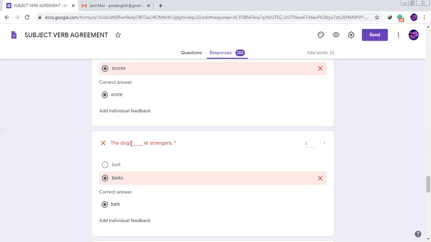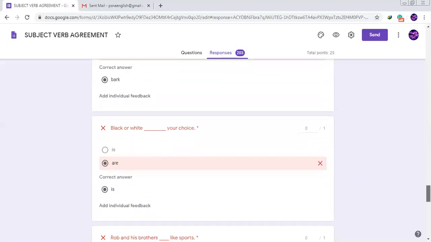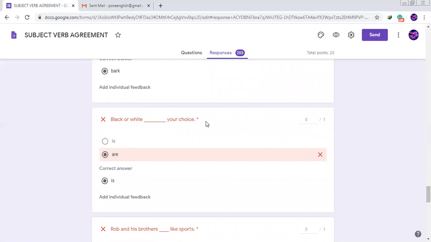When you don't have "s" in the subject, you will have "s" in the verb. Have you understood? The dogs, here you have "s" in the subject, in the verb you will not have "s". So the answer is the dogs bark. When I say the dog, we don't have "s" in the subject, so we will have "s" in the verb. So the dog barks, the dogs bark.